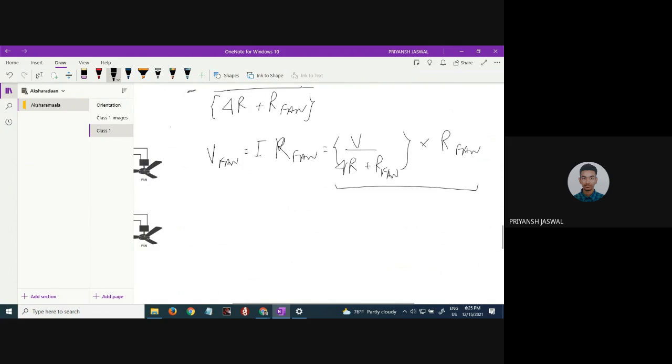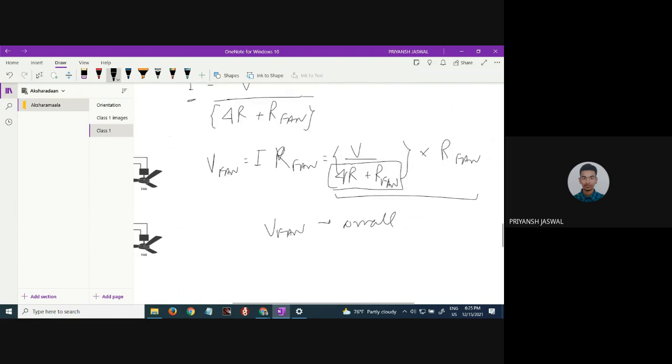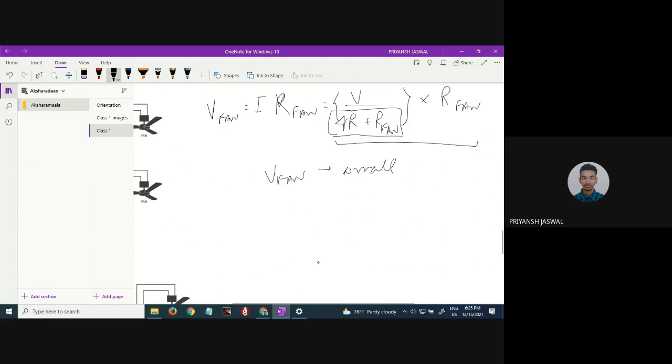So you see that the denominator is big, because the current is small here. This quantity itself is the current, which is very small. So what it leads to is that the voltage drop across the fan is also small. So the power dissipation will be small across the fan. If you don't know about power, there's no issue, no need to worry.